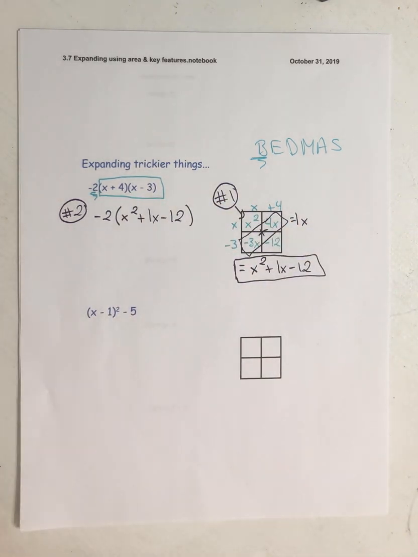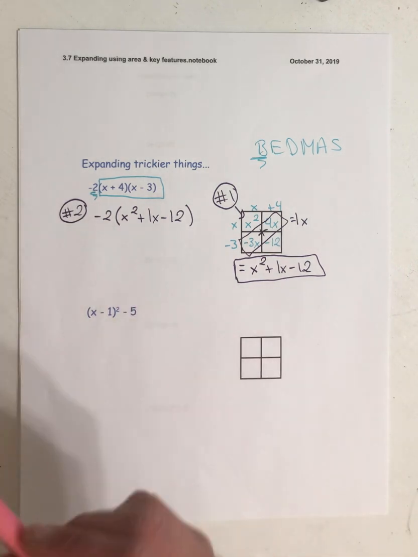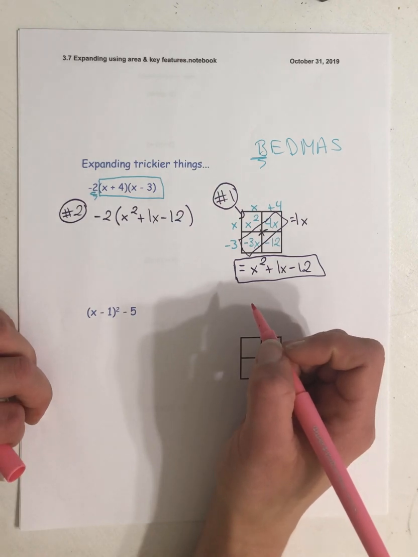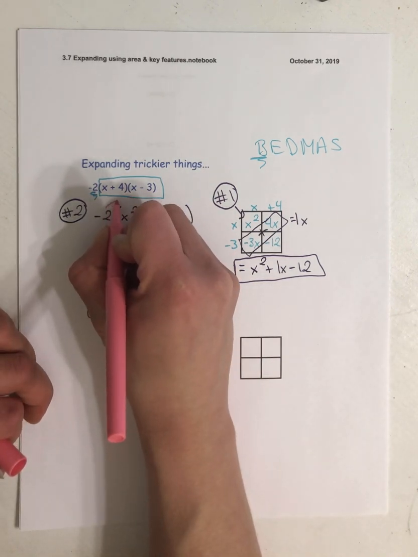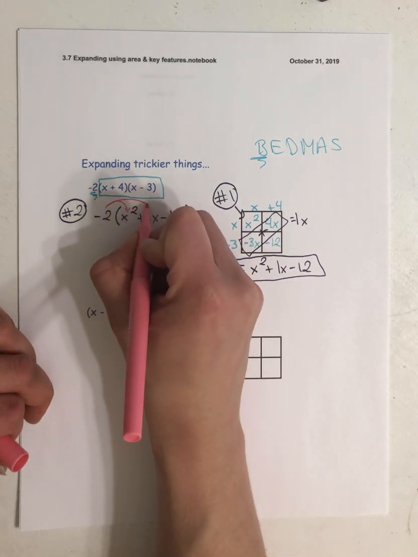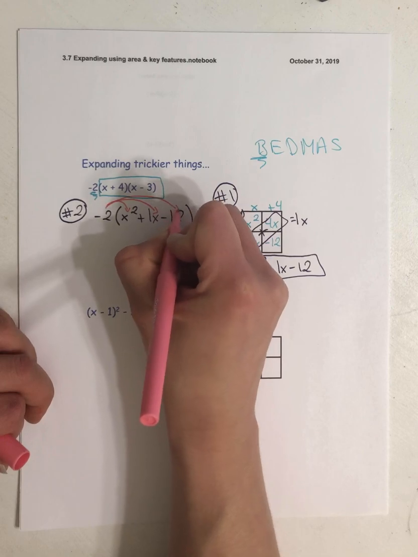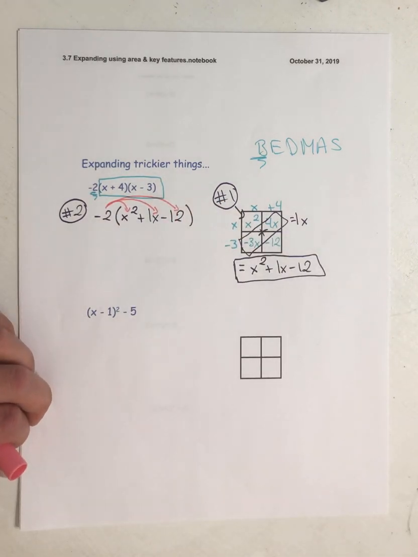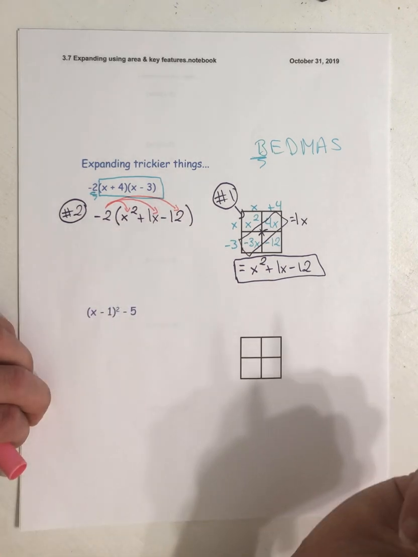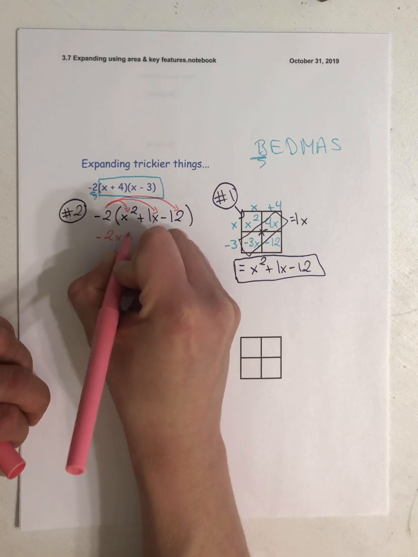Because this one is all in brackets, we have to take this number and multiply everything by it. What I would recommend is drawing arrows. So we have to multiply that, that, and that. We take negative 2 times x squared, which gives us negative 2x squared.